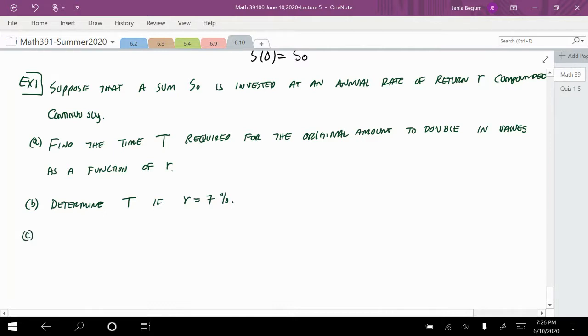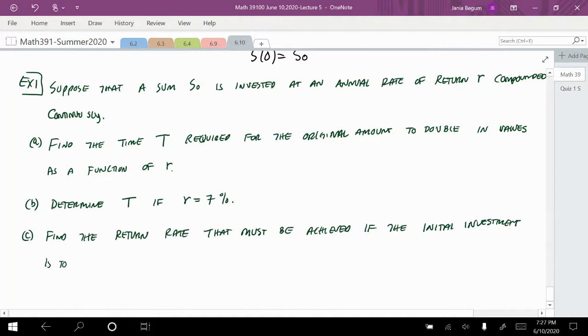And part C, we want to find the return rate that must be achieved if the initial investment is to double in 8 years. Okay. All right, so let's see if we can work through this problem.